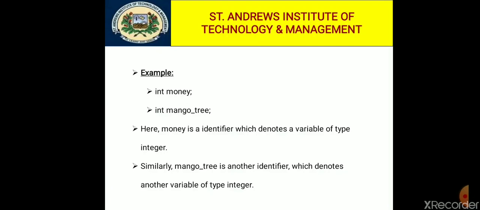So we all know that 26 alphabets are there: 26 uppercase and 26 lowercase. So total alphabetic characters are 52, and one more extra, the underscore character. So there are 53 characters to represent identifiers.